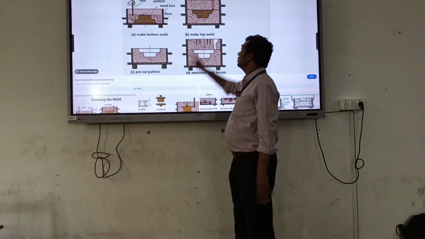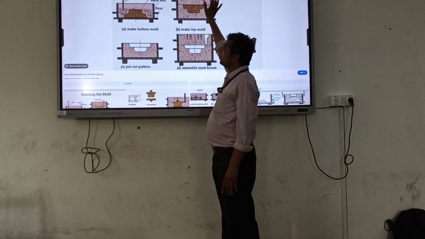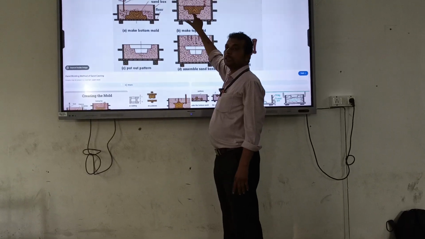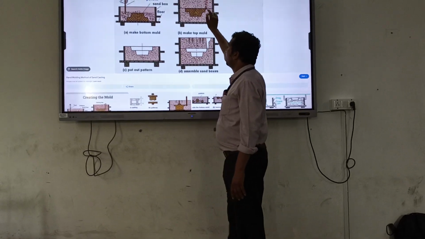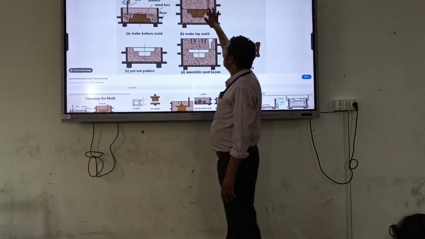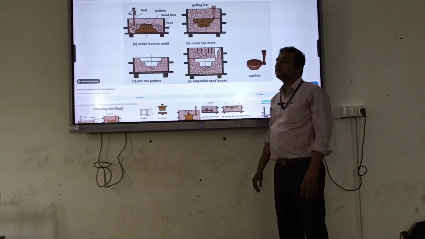That's why this is the upper side section, the cope, and the bottom side is the drag. After that, this is the gating bar.